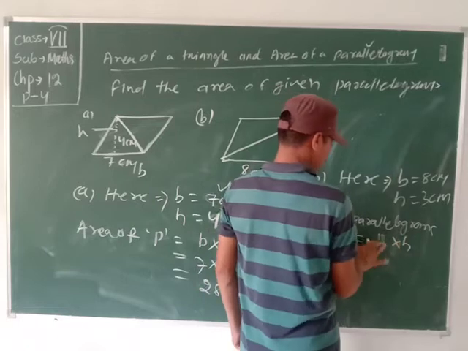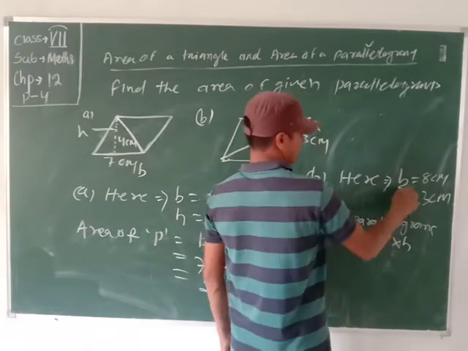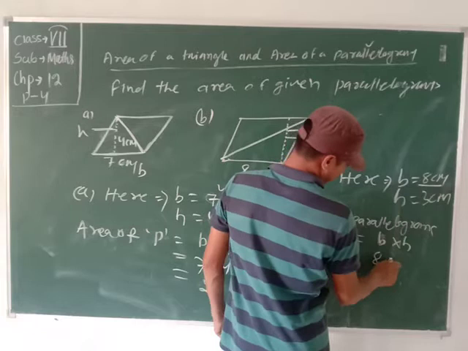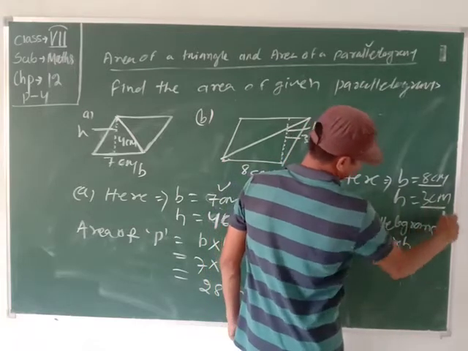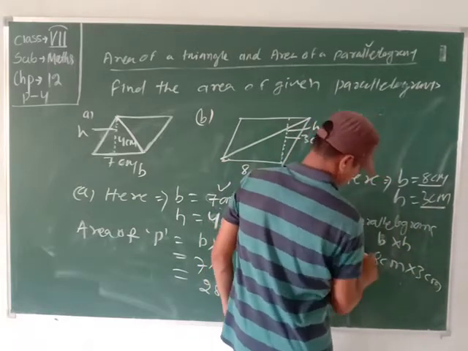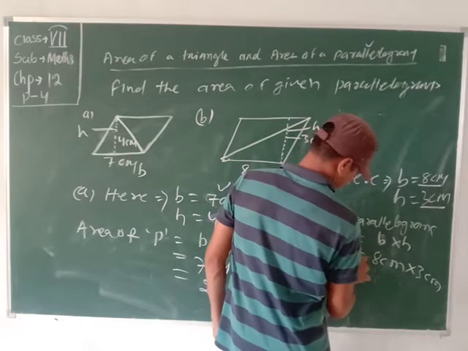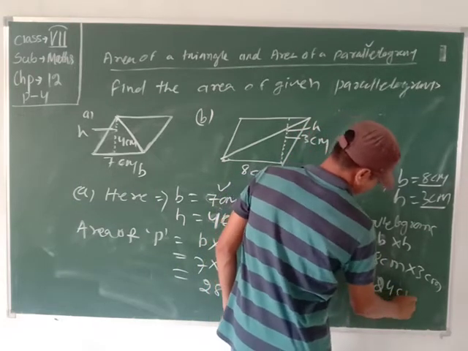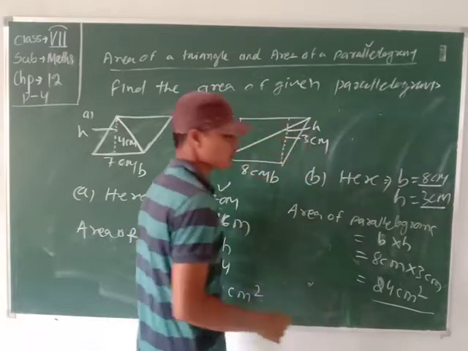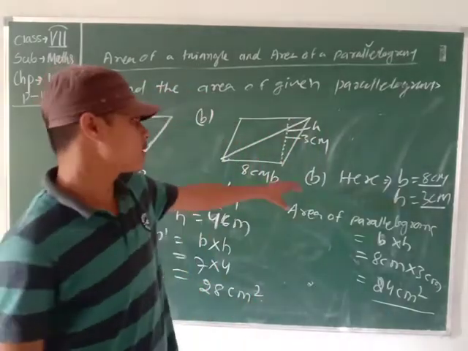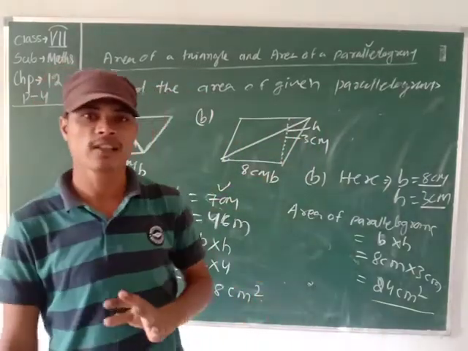Also write in small letters, base equal to 8 centimeter into height equal to 3 centimeter. 8 threes are 24 centimeter square.